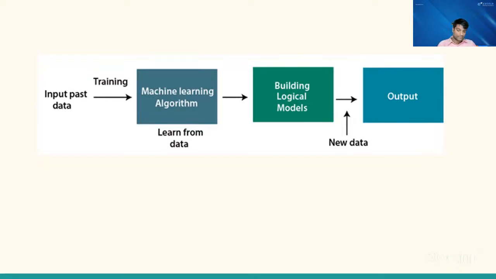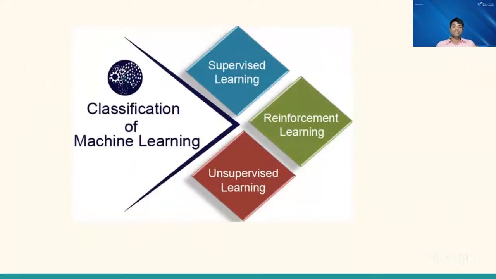Now let us go to the classification part. What is the classification, I mean, the types of machine learning. I say classification of machine learning because some people get confused, since there are two kinds of methods in supervised learning: classification and regression. That is not this classification.